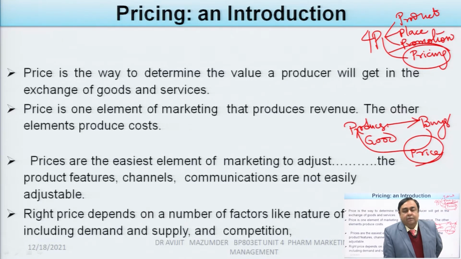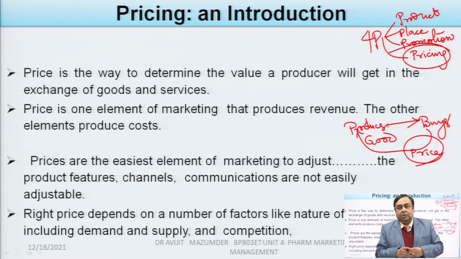On the other hand, if the product is a very premium product, intended for the high income group, in that case we keep the price a bit higher. Even today, there are some groups of customers who believe that the higher the price, the better the quality.